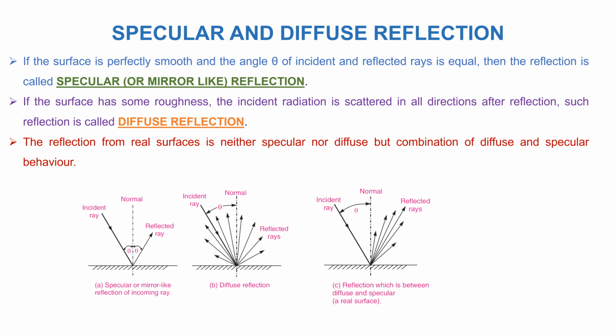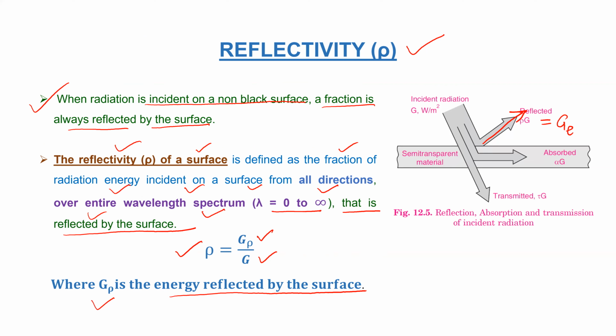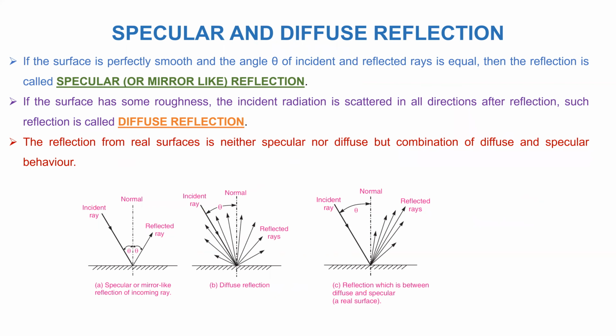So now I am going to talk about specular and diffuse reflection. Because in the previous case, we were considering the energy reflected in all directions, which is a sort of diffuse reflection. If a surface is perfectly smooth and the angle theta of incident and reflected rays is equal, then the reflection is called specular or mirror-like reflection.